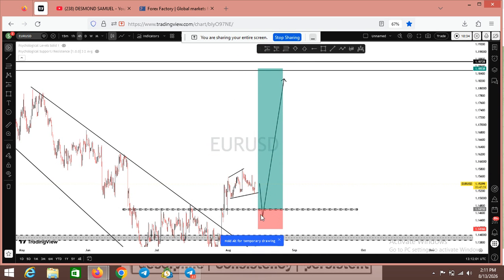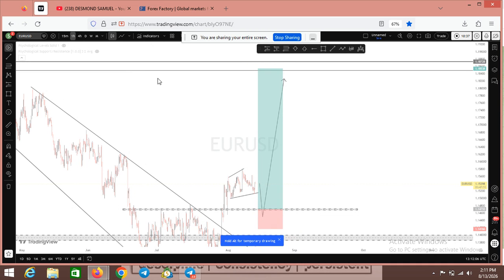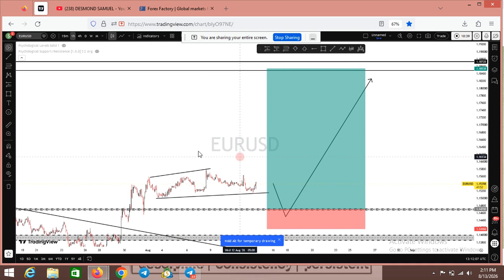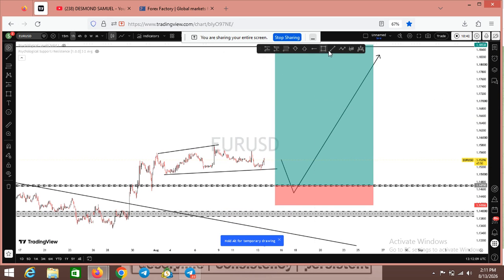For me to take action at this level here, I will go to the 1 hour time frame. And what am I expecting on the 1 hour time frame? I want to see the market do something like this, something like this, and boom, we start buying.